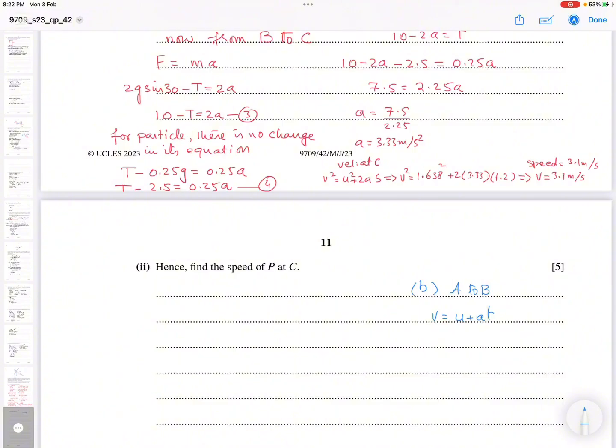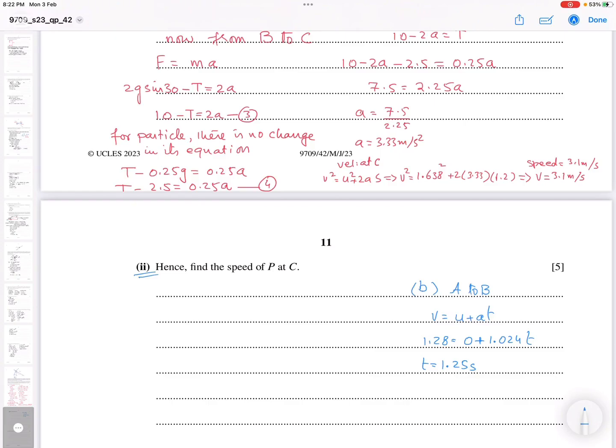So 1.28 is equal to 0, initial velocity was 0, plus my acceleration was 1.024 t. So from here my t is 1.25 seconds. Actually I'm solving this second part which I wrote by mistake as B.